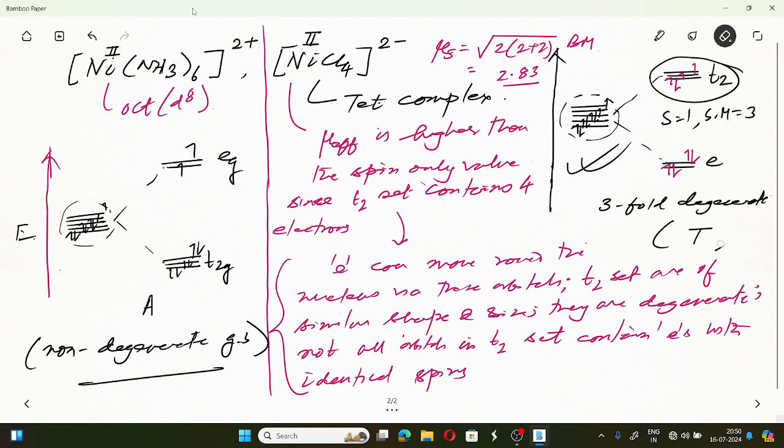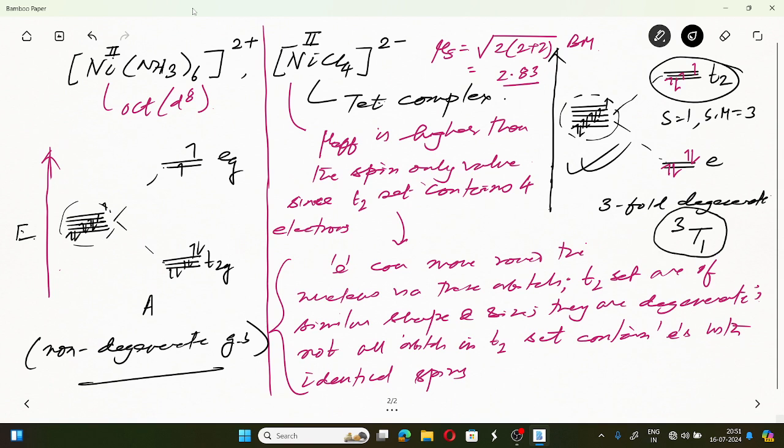So the ground state term is a triplet. You know the orbital diagram already, so it will be triplet T1, for a d8 system. It is more like d2; d8 tetrahedral is equivalent to d2 except there will be no g subscript. So this is triplet T1.